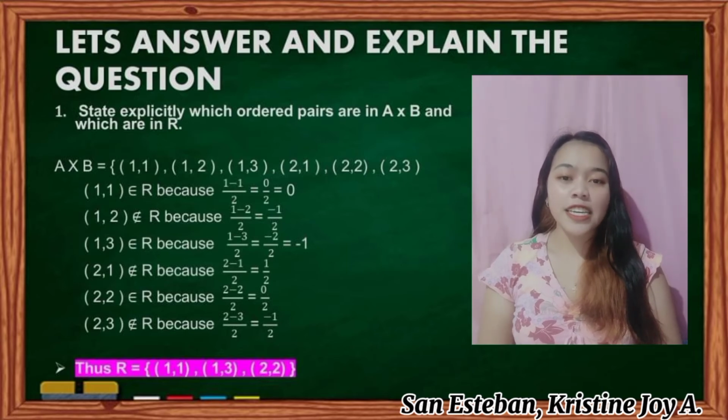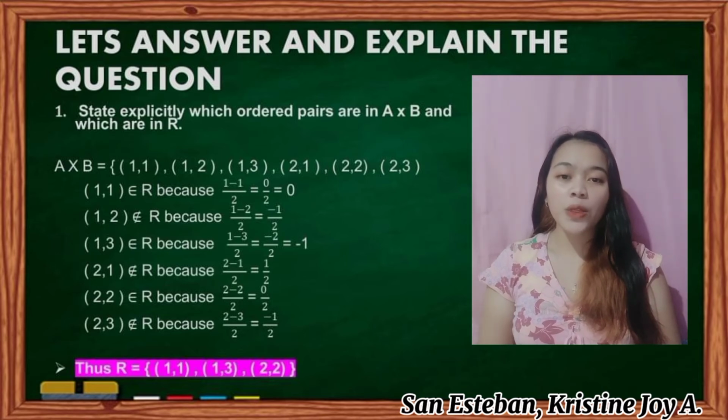(1, 3) is an element of relation R because when we substitute, it equals negative 1, and negative 1 is an integer. (2, 1) is not an element of relation R because when substituted into the given statement it equals 1/2, and 1/2 is not an integer.